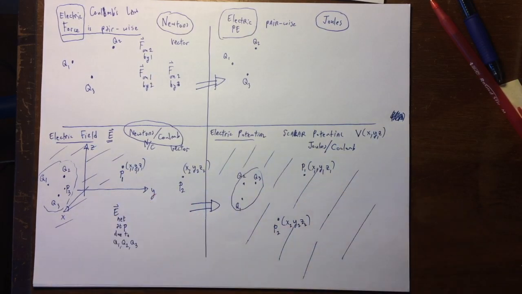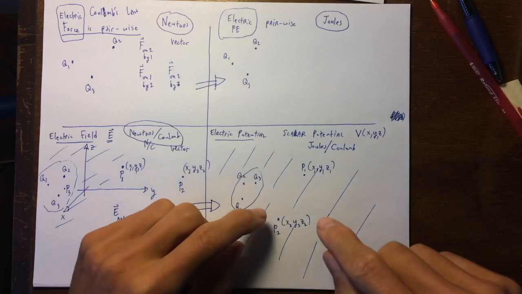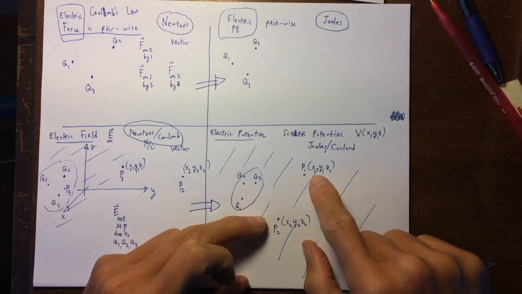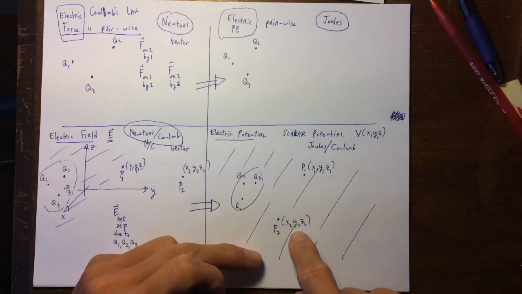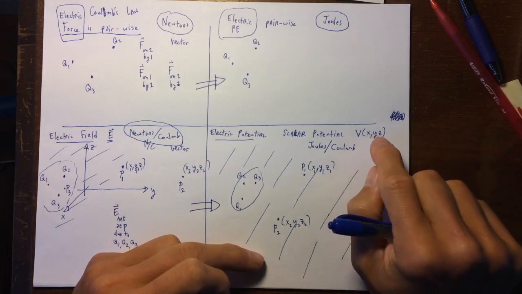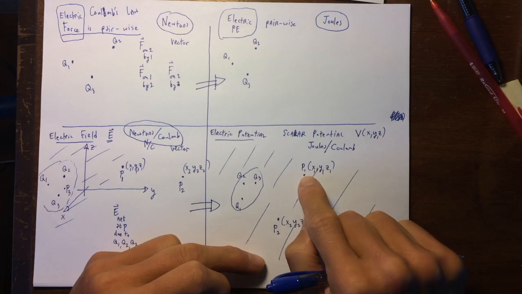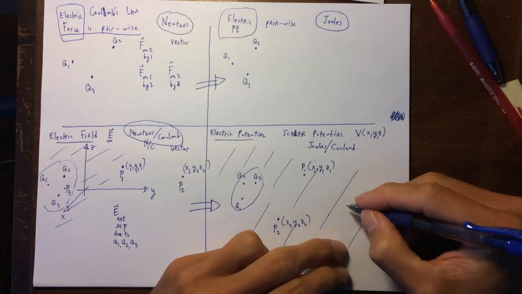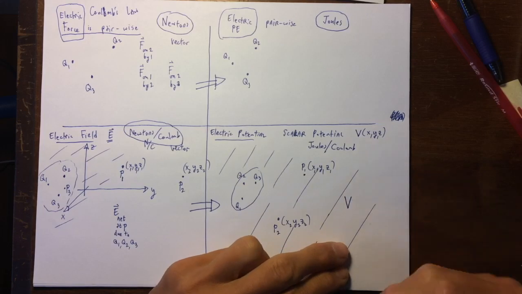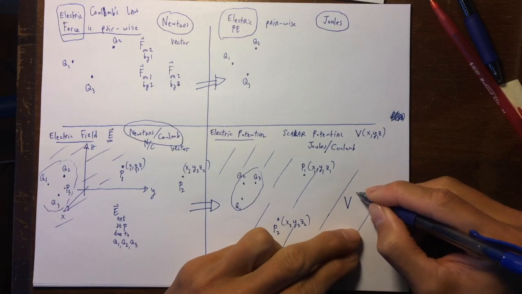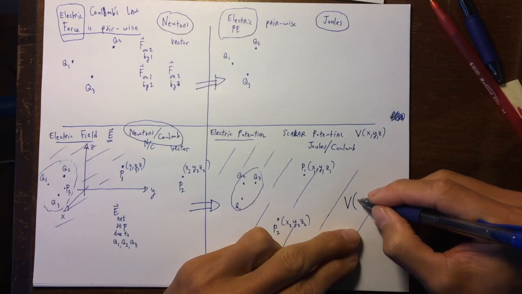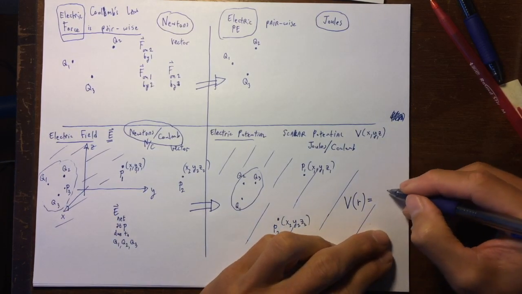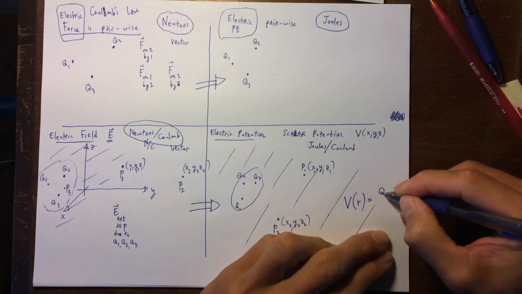So I've got these two places in space. And you can write down a function that is a function of coordinate. So you can talk about the potential at P1, and you can also talk about the potential at P2. And this potential function is based on a separation distance, r, and a generic charge, capital Q.